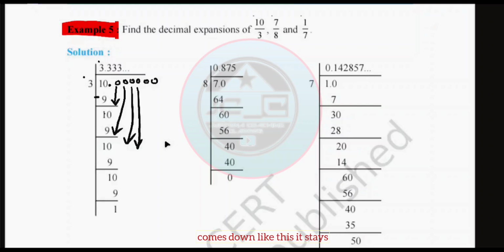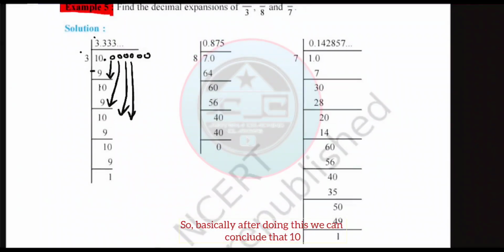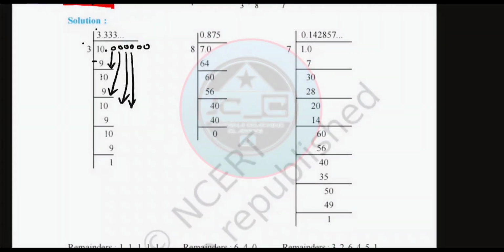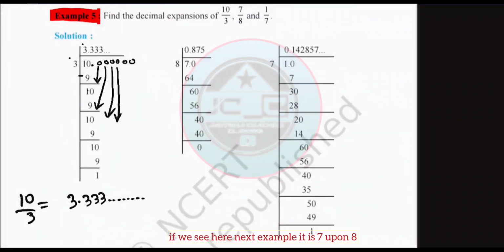Infinitely many 3s get repeated here. So we conclude that 10 by 3 is equal to 3.333 and it continues.